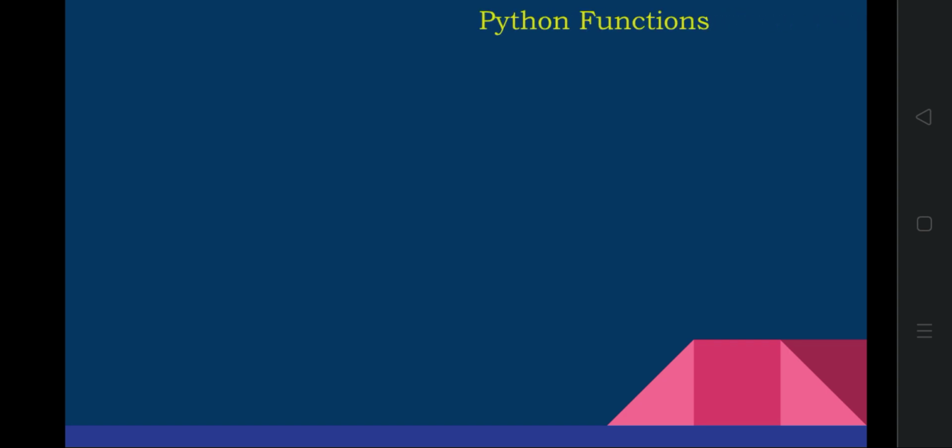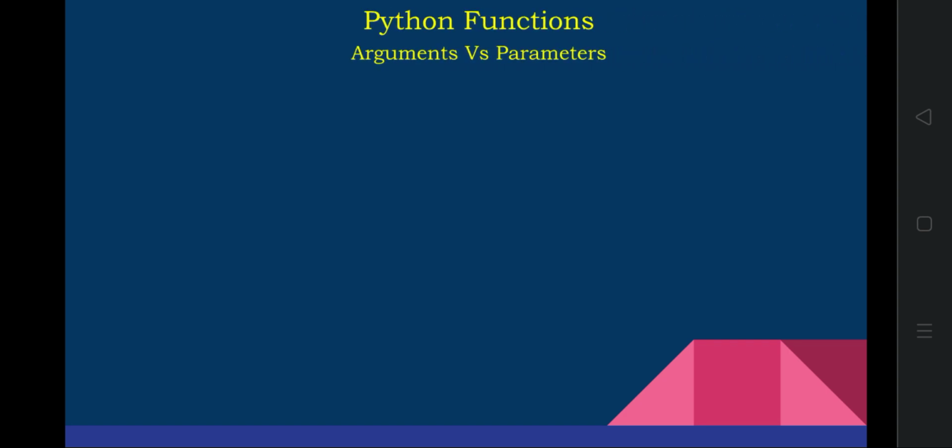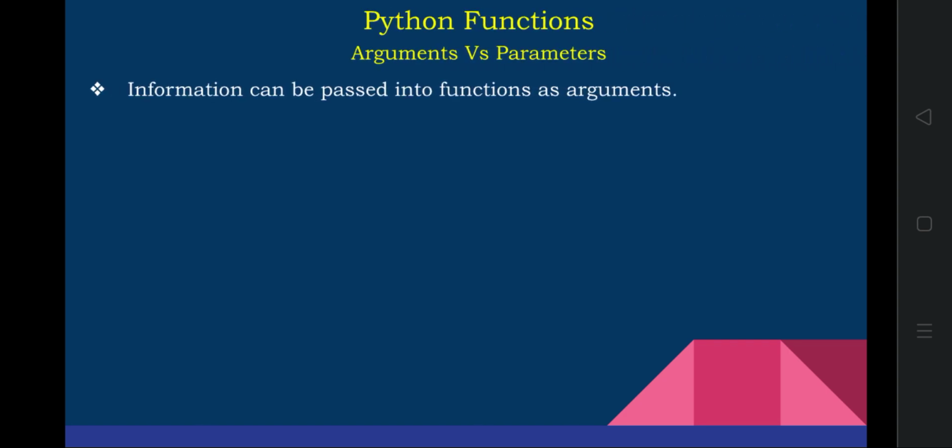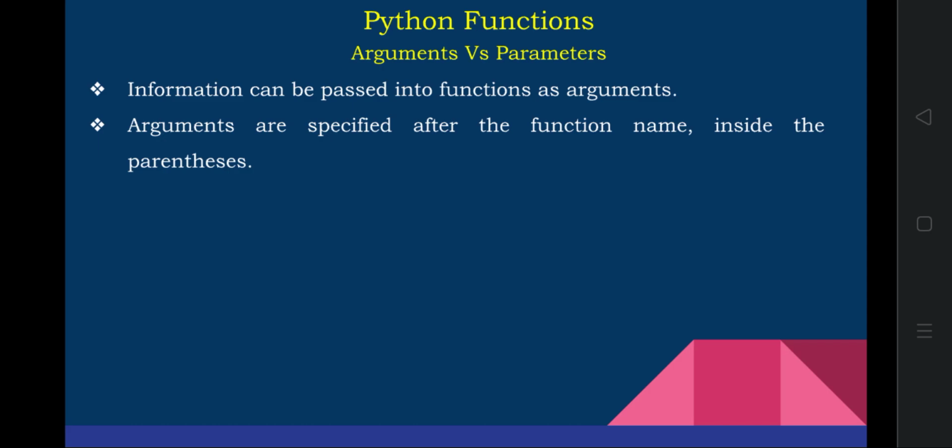Now let us see what we mean by arguments and parameters. The values within the parentheses after the function name are called parameters or arguments. The names are different, but depending on where it is used, it is called an argument or a parameter.